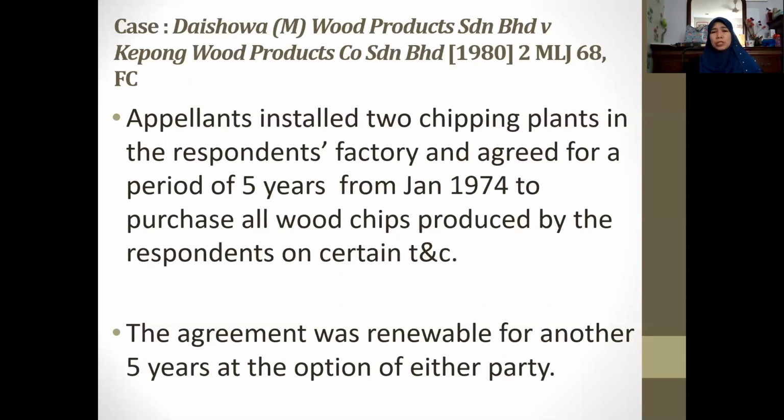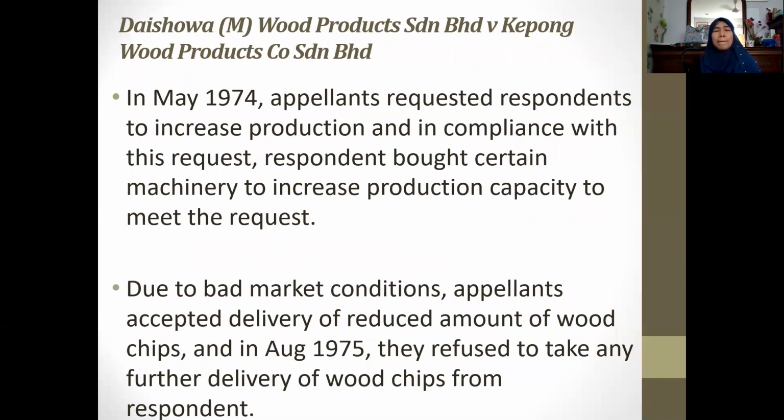So the respondent is responsible to produce the wood chips, and then the appellant would buy whatever wood chips produced by the respondent. The agreement was renewable for another 5 years. So first it was signed for 5 years and then later renewable, at the option of either party. So both have the option to renew it.